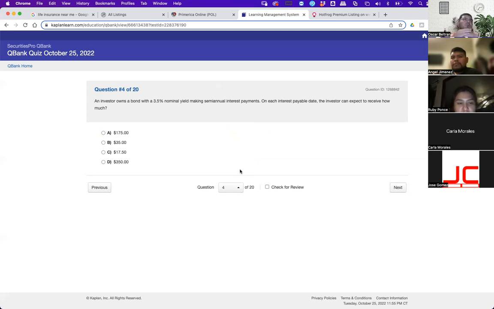All right, an investor owns a bond with a 3.5% nominal yield, making semi-annual interest payments. On each interest payable date, the investor can expect to receive how much? So right here, I am going to assume that this bond is selling at $1,000. What's 3.5% of that?